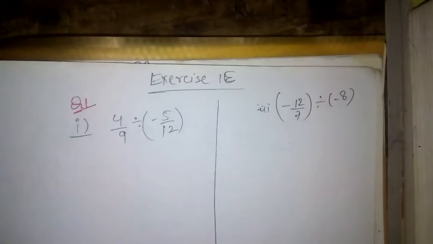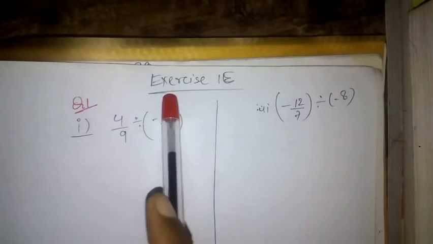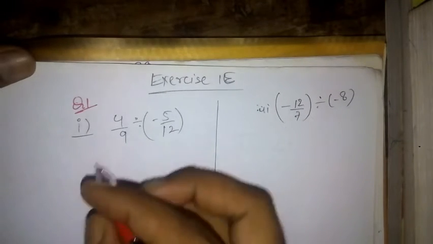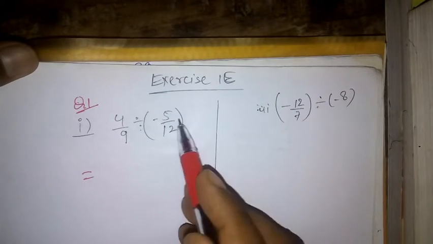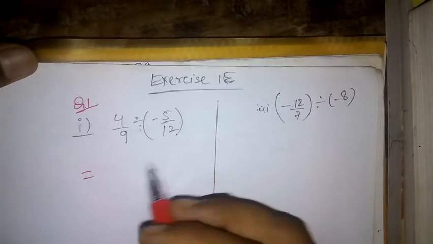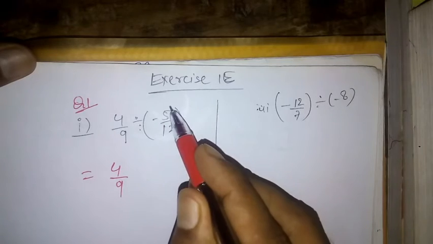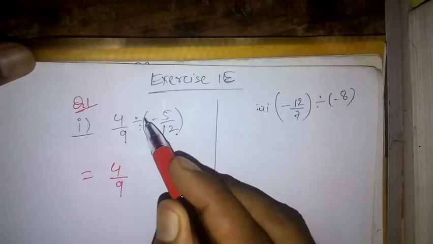Now students, we are taking some questions of exercise 1E to understand the division better. 4 by 9 is to be divided by minus 5 by 12. So 4 by 9, we have to find the multiplicative inverse of minus 5 by 12.